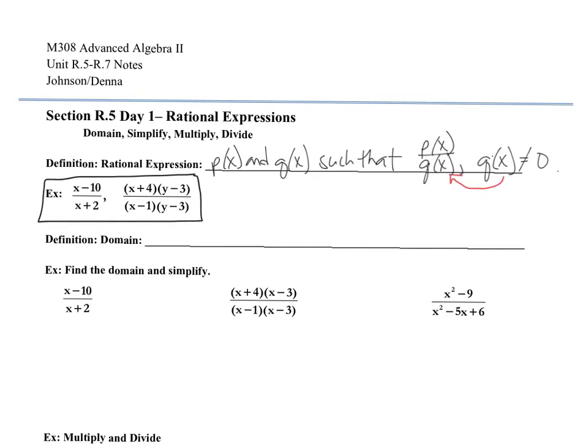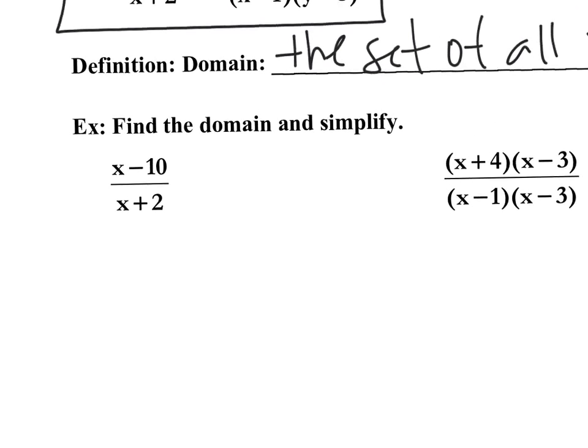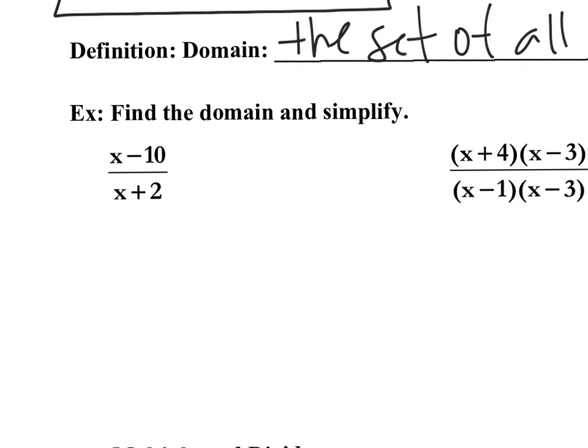Okay, so the domain is the set of all x values. So, two definitions right off the bat. What we're going to do is find the domain of this very first example. I know you don't know what domain is, but think about the term fraction and what you know about the denominator. Looking at the denominator here, is there anything that x cannot be equal to, given that this is a fraction?